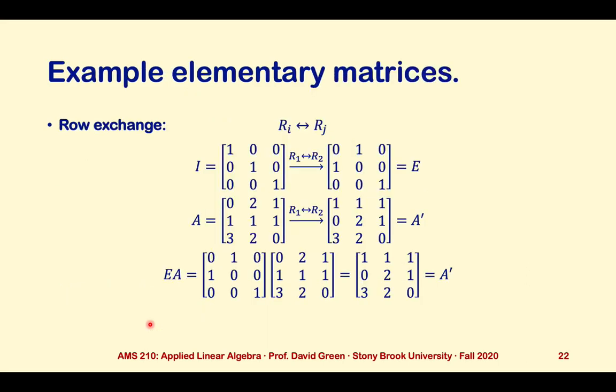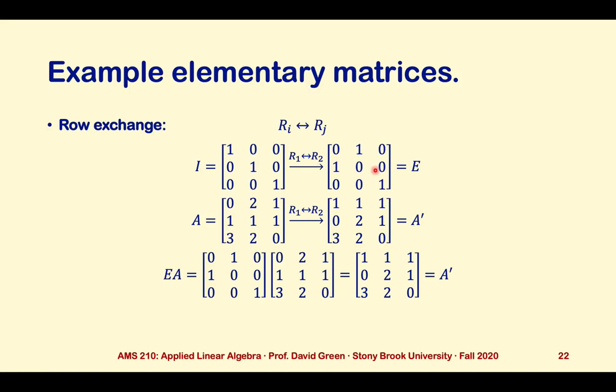Okay. Let's go through a couple of examples to illustrate how that works. Let's start with row exchange. An example row exchange elementary matrix is found by starting with the matrix I and exchanging two rows, say row 1 and 2.